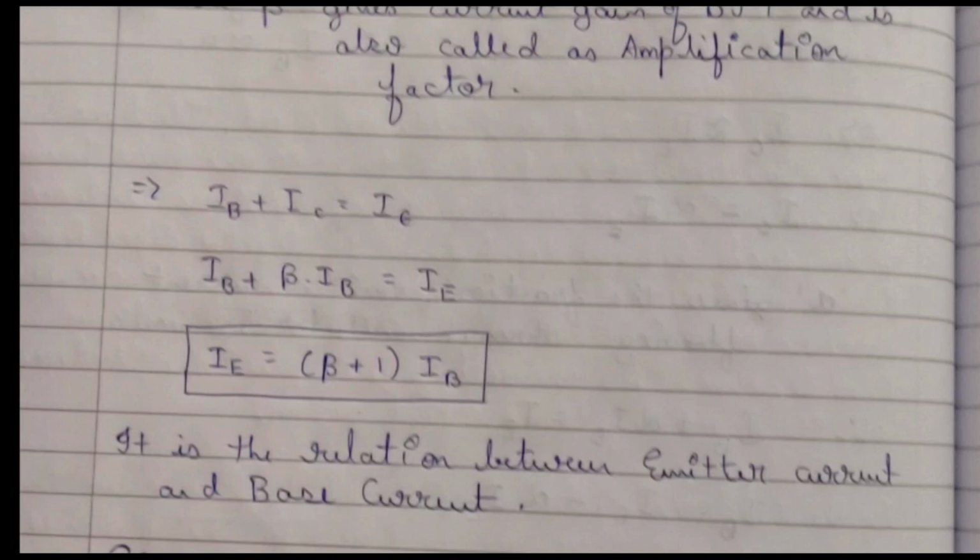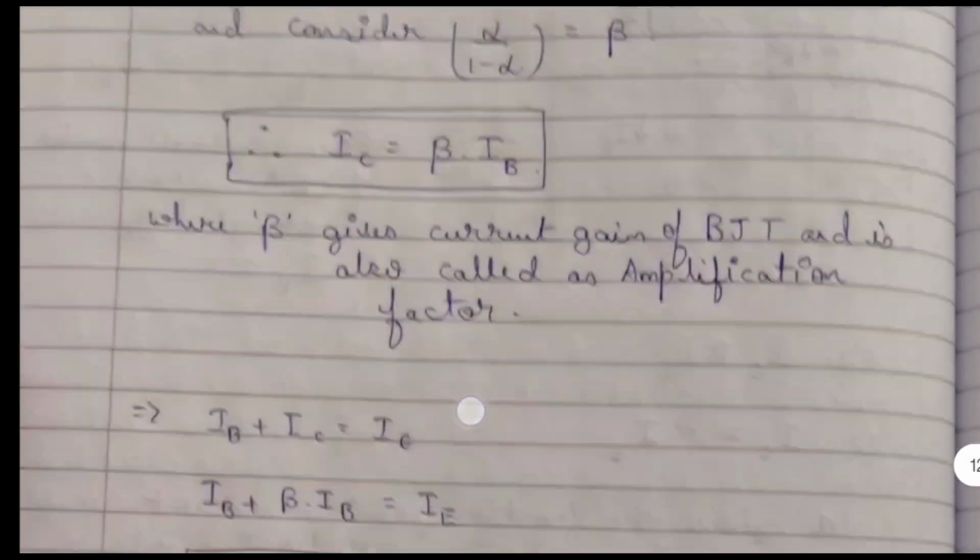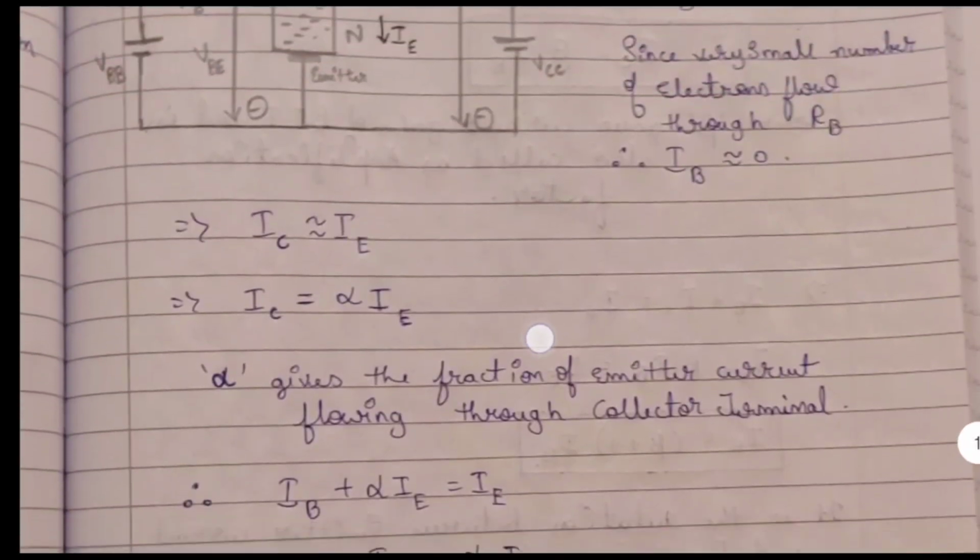This particular equation is the relationship between the emitter current and the base current. And thus we obtain the relationship between the collector current and the base current, and the collector current and the emitter current relationship is over here.